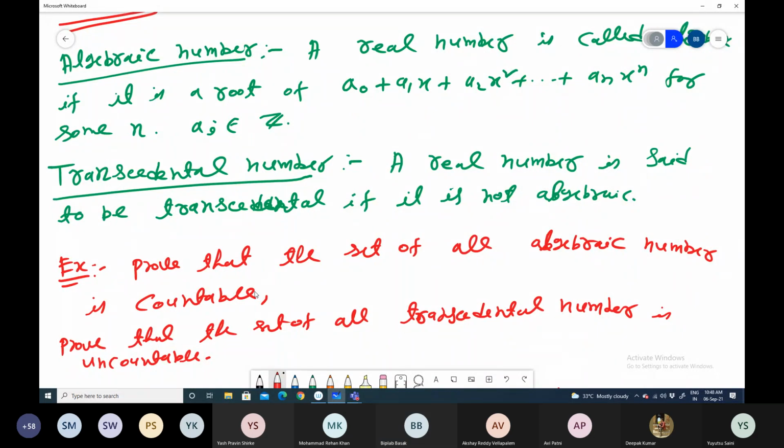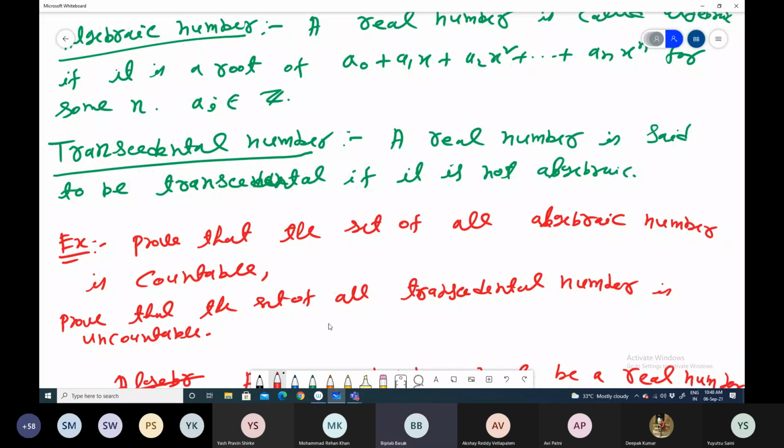For example, we can ask: prove that the set of all algebraic numbers is countable. We can ask this kind of problem, so you have to do this kind of problem by yourself. Okay.